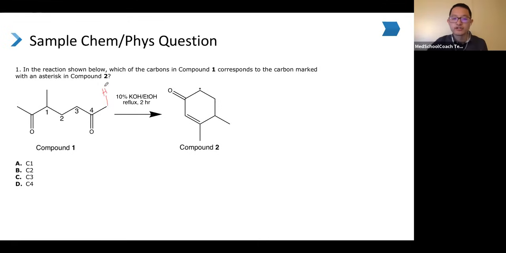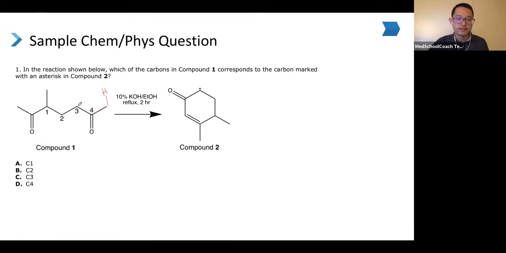If you remove a hydrogen from this carbon, you form an enolate with a negative charge on this carbon, which makes a nucleophilic attack at the electrophilic carbonyl carbon. Then you can go through the whole arrow pushing mechanism, and if I follow the mechanism, my answer has to be carbon number 3.